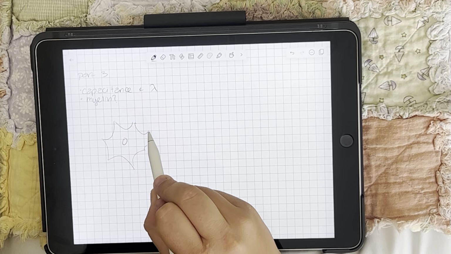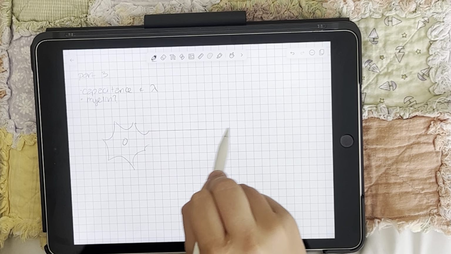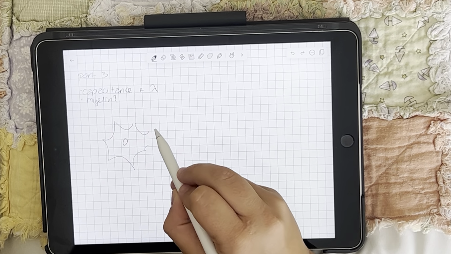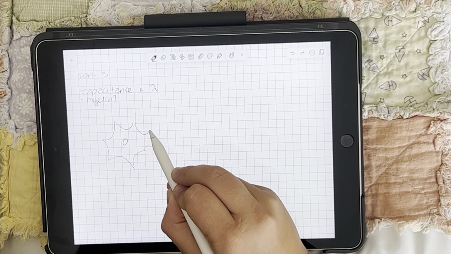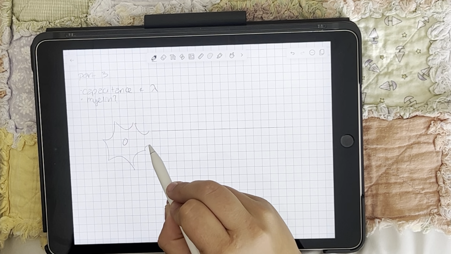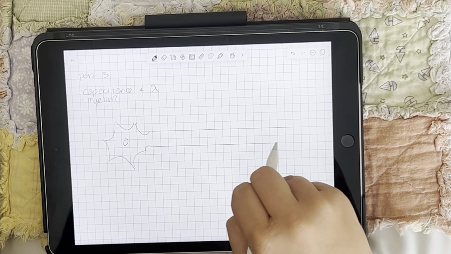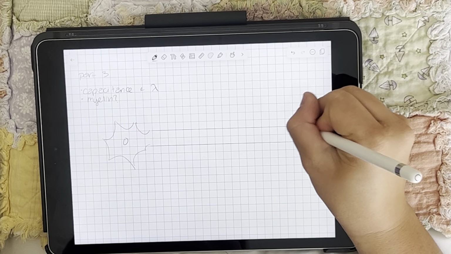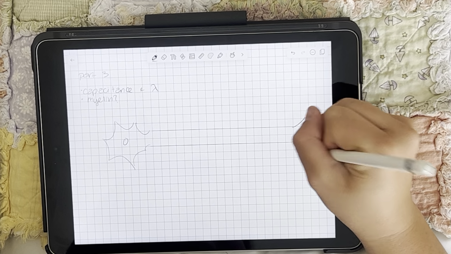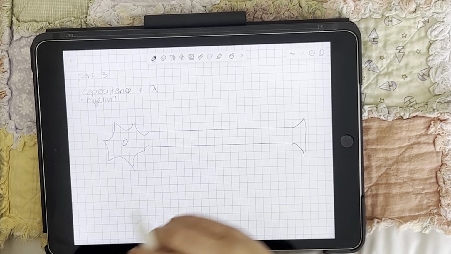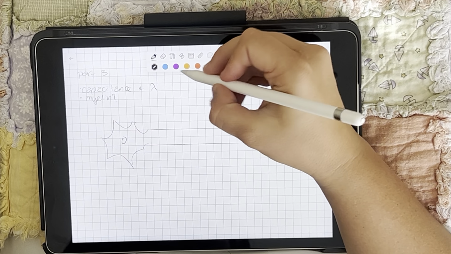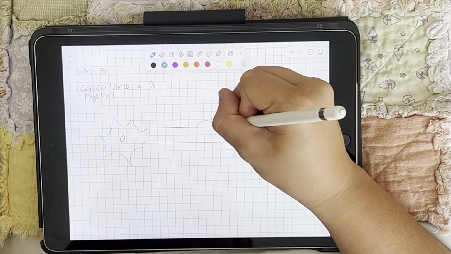So that's a neuron. It's going to be our soma body. And then we're going to draw the axon, which is just the long part. Then you're going to have the terminal axon. Some myelin.